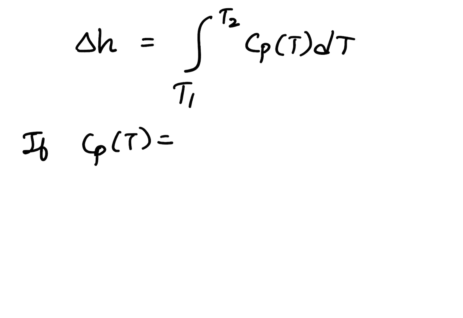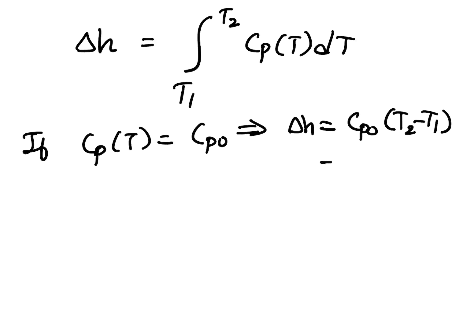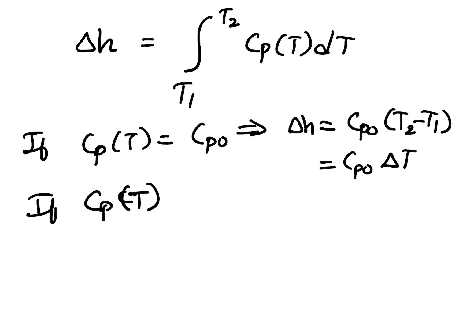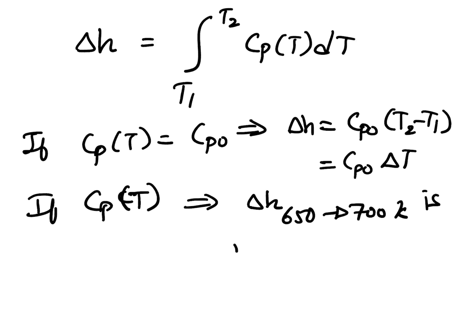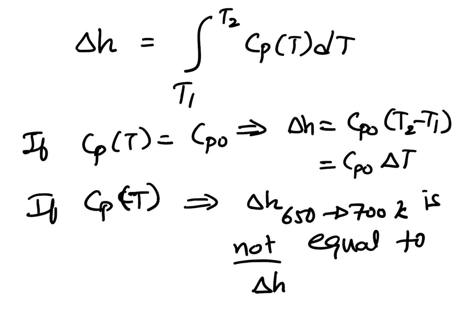If Cp is simply a constant, then delta H is Cp naught times T2 minus T1, or Cp naught times delta T. If Cp is a function of temperature and not simply a constant, then delta H from 650 to 700 Kelvin is not equal to delta H from 2000 to 2050 Kelvin.